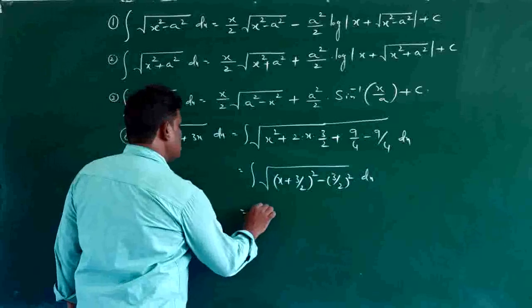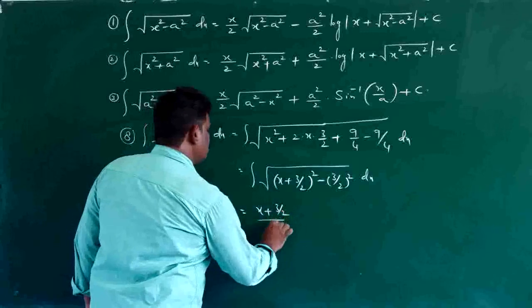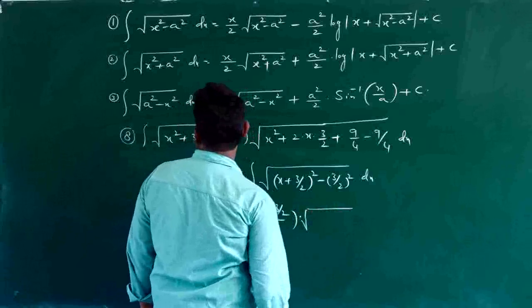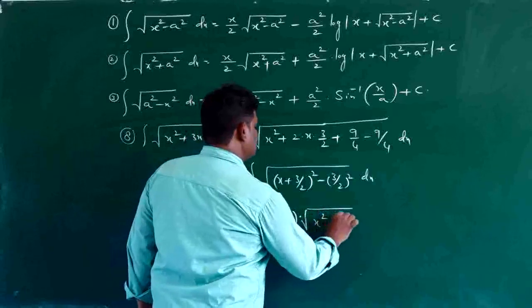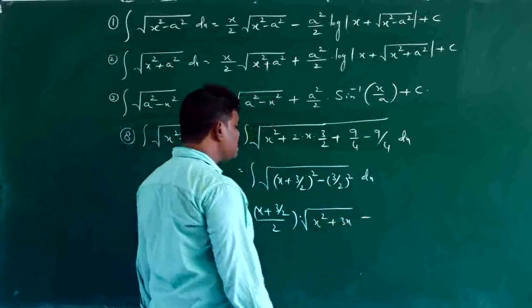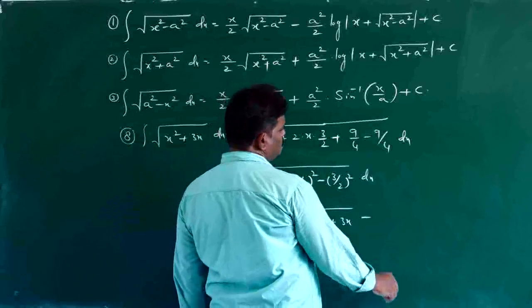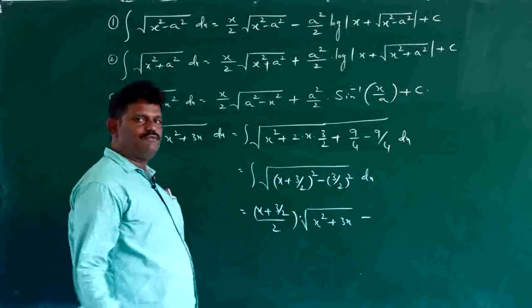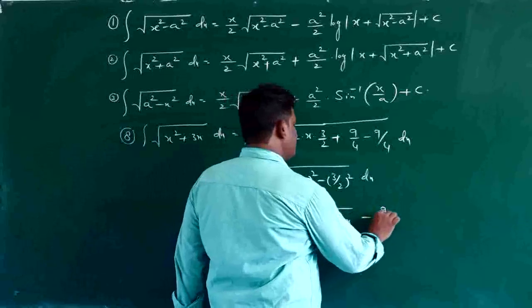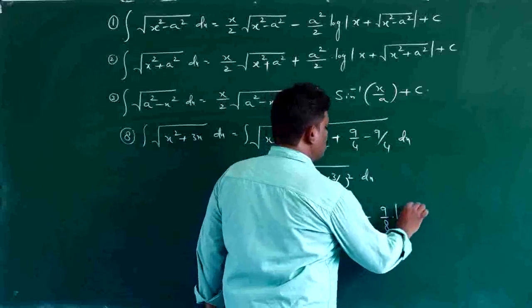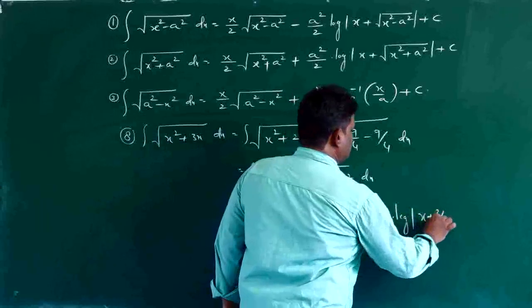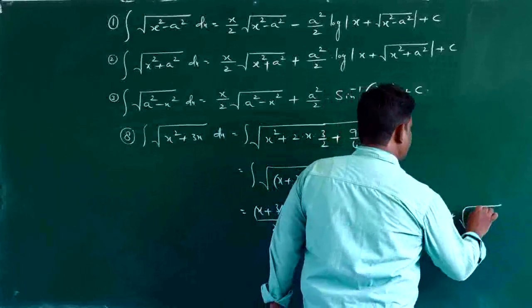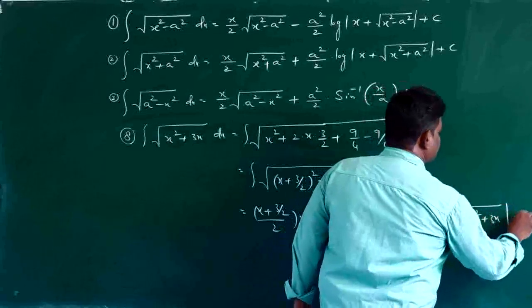Then what we have done here: (x + 3/2)/2 into square root of x² + 3x, minus a²/2. a is 3/2, so a² is 9/4, and 9/8 into log of x + 3/2 + square root of x² + 3x plus c.